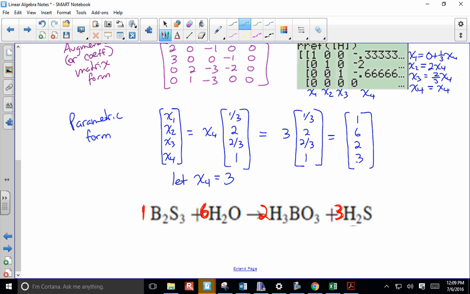And then that would be a balanced equation. All right. Try to make things look too fancy and I end up screwing it up.